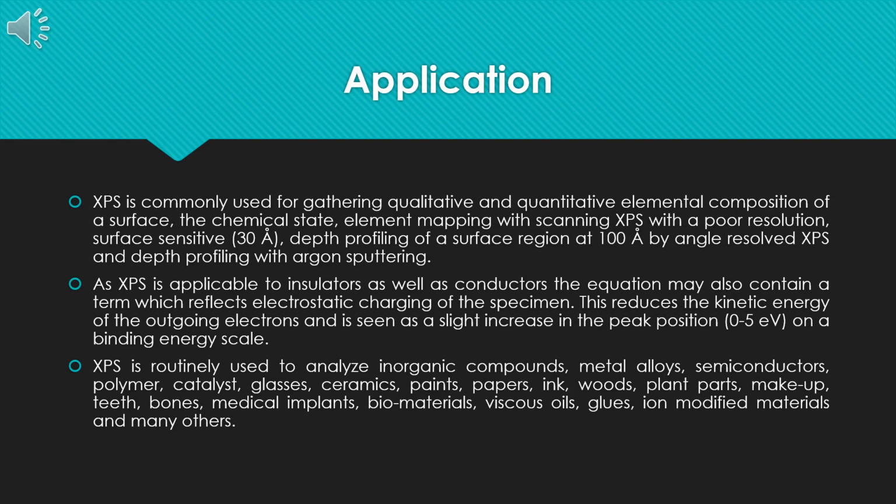Depth profiling of a surface region at 100 angstrom by angle-resolved XPS and depth profiling with argon sputtering. As XPS is applicable to insulators as well as conductors, the equation may also contain a term which reflects electrostatic charging of the specimen. This reduces the kinetic energy of the outgoing electron and is seen as a slight increase in the peak position, 0 to 5 electron volts on a binding energy scale.